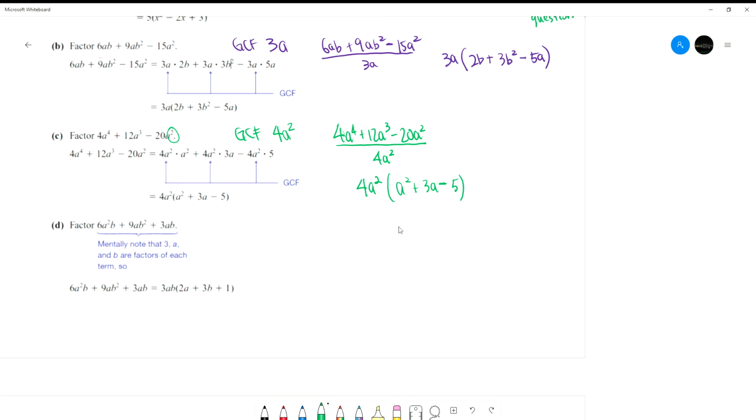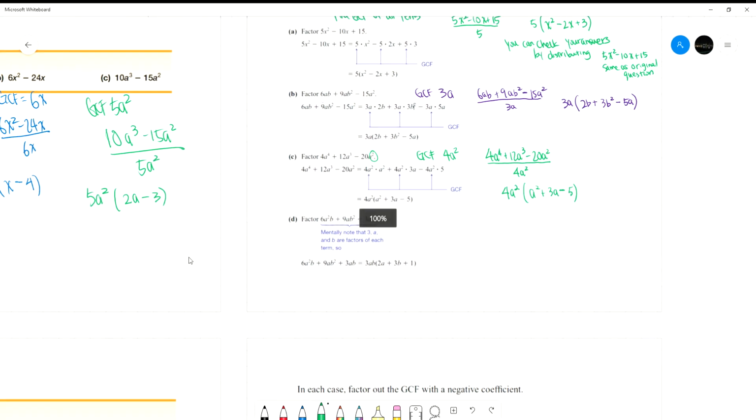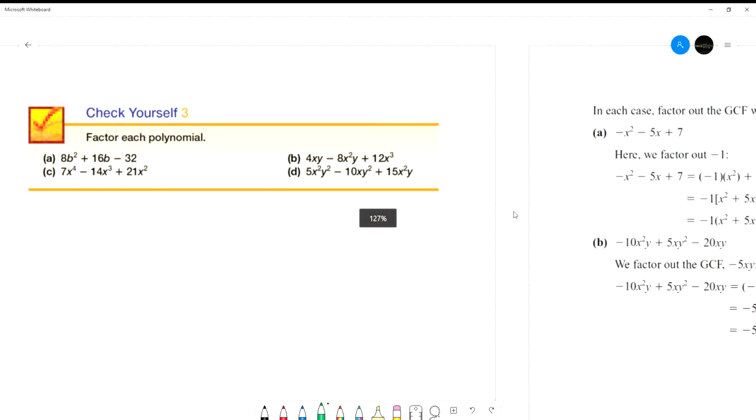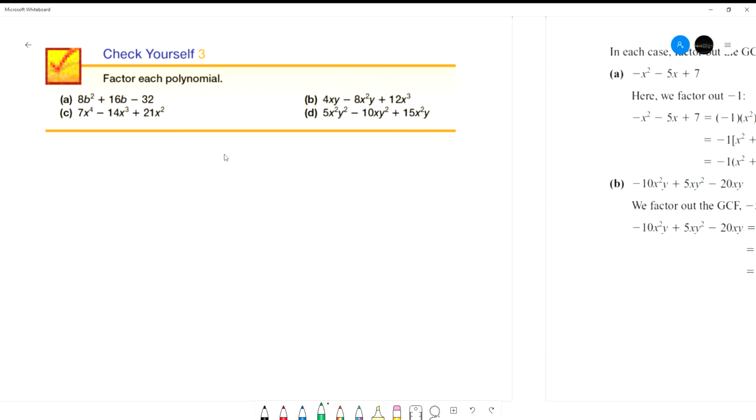Do you have any questions with this one? Are you good? Okay. So, if you think you got it, I want you to try maybe parts A, B, and C. You don't have to do D.